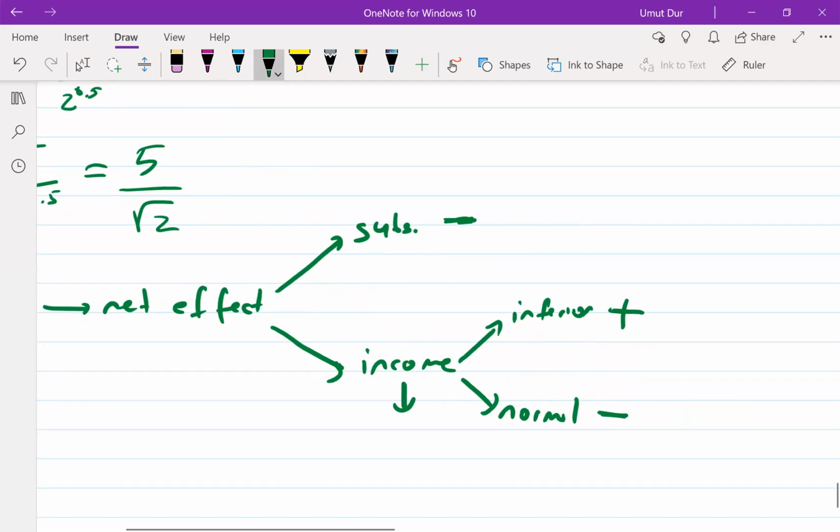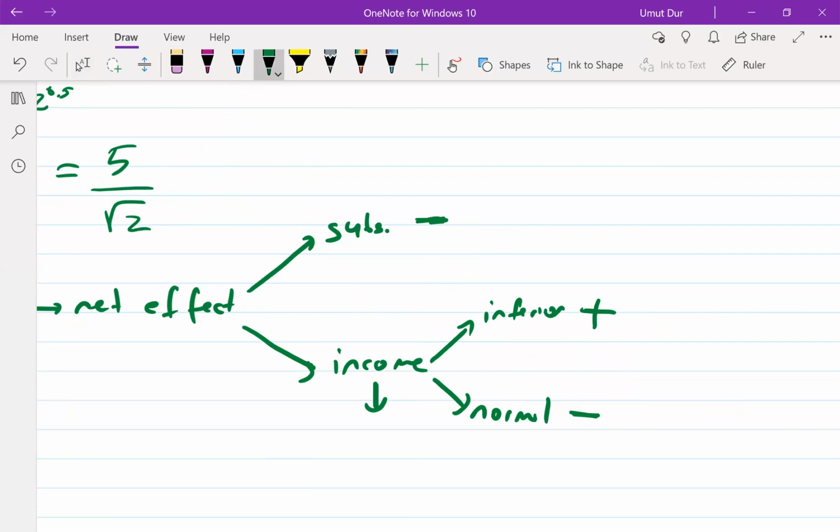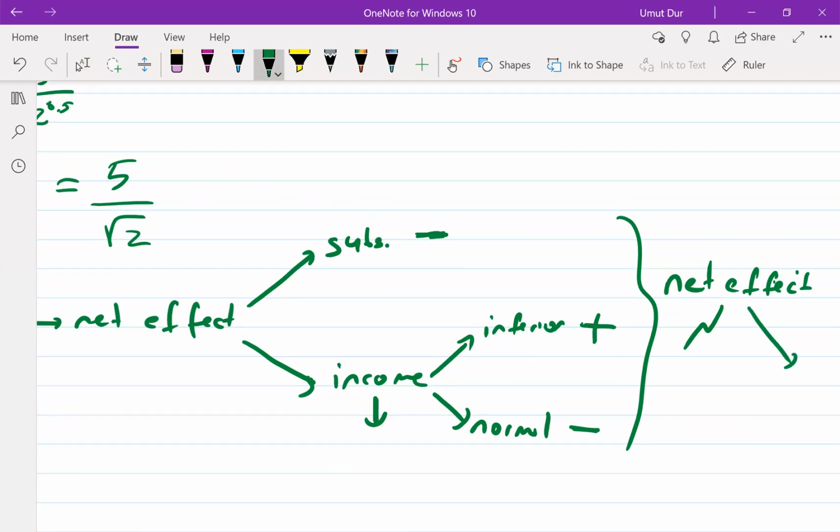Okay. Then the net effect. So the net effect will be the summation of the substitution and the income effect here. And your answer depends on whether the good is inferior or normal. If the good is normal, the substitution effect is negative, the income effect is negative, then the net effect is also negative.